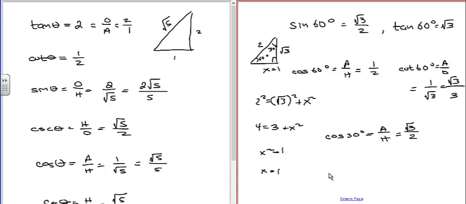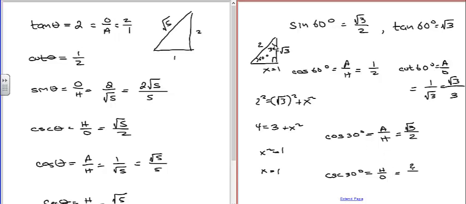If I asked you what the cosecant of 30 degrees was, cosecant is hypotenuse over opposite. It's the reciprocal of the sine. Sine is opposite over hypotenuse, so it's hypotenuse over opposite. Then you look at your triangle and say, 30 degrees, that's this angle. So what's the opposite side? The opposite side is 1 relative to the 30 degree angle, and the hypotenuse is 2.